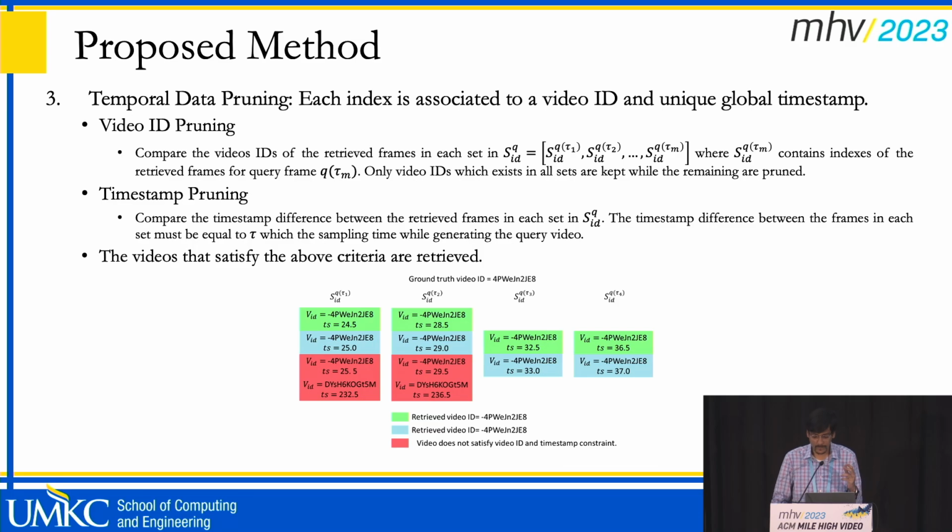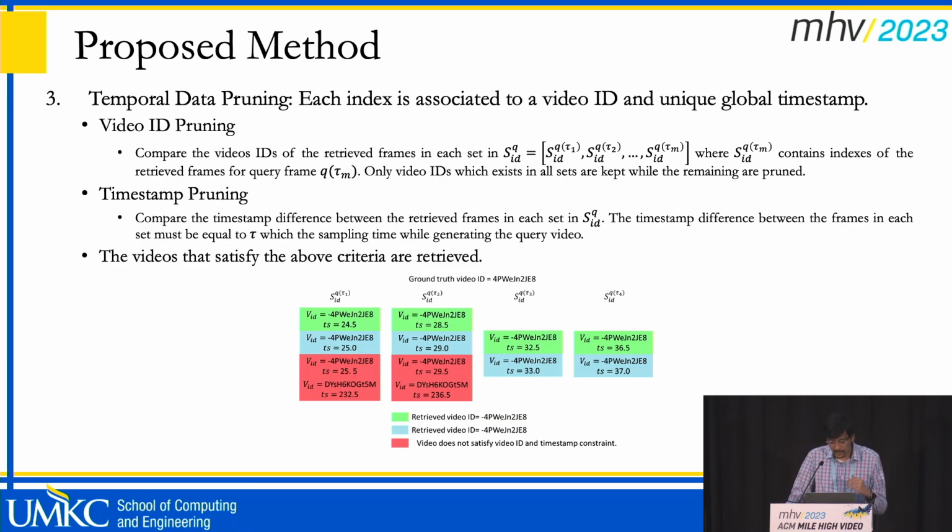We can compare the timestamp differences between the retrieved frames in each set, and ideally this timestamp difference should be equal to tau. So we keep all the frames for which the difference between subsequent frames is equal to tau. Once both these conditions are satisfied, then we can retrieve the final video.